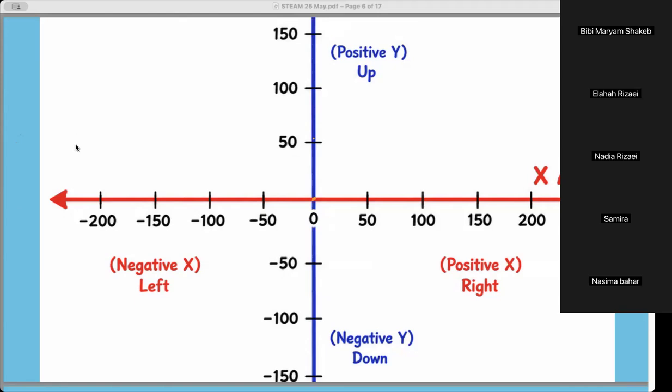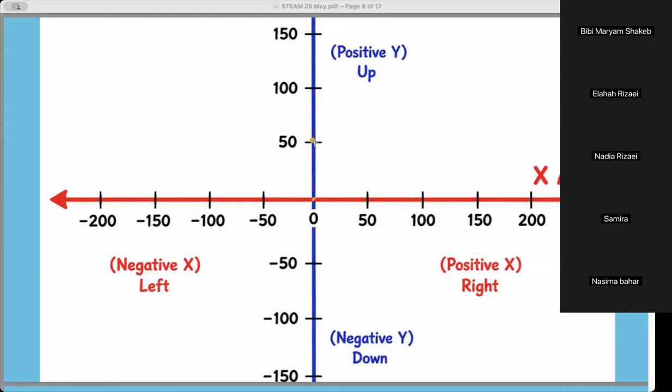I had a beautiful heart shape a minute ago and it has disappeared, which is disappointing me.